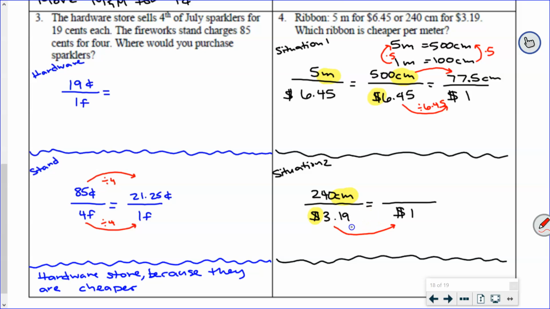The next situation, we're going to change that $3.19 into a 1. How do we do that? We divide by itself. So this number will be getting the same treatment, and we will be dividing by 3.19. 240, typing this into my calculator now, divided by 3.19 is equal to 75.2 centimeters.